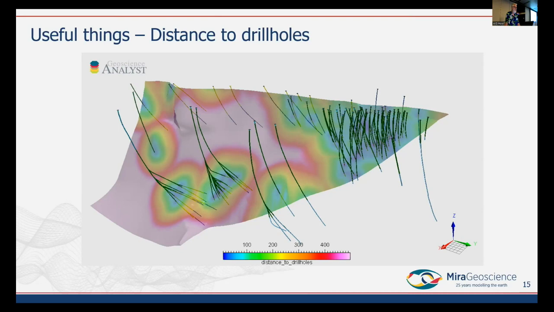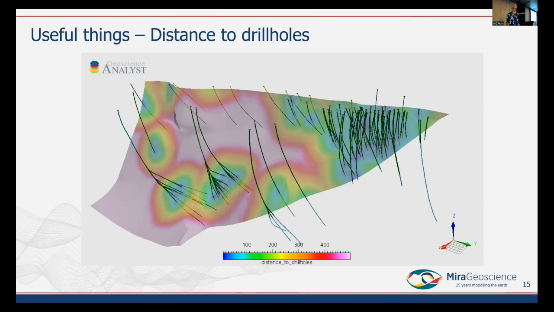And that immediately shows us where that surface is constrained by drilling, and where it's not. So where it's pink, it hasn't been intersected by the drill hole, basically, in this case. Or it's a very long way away from the nearest drill hole. So that's a very effective way of getting a reliability, or uncertainty, of your geological surface.